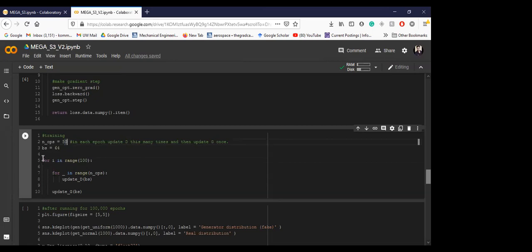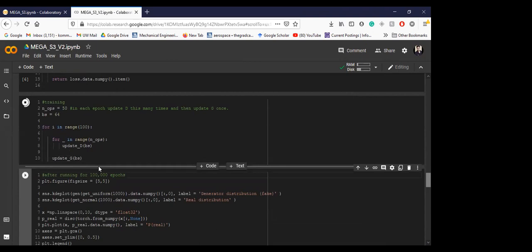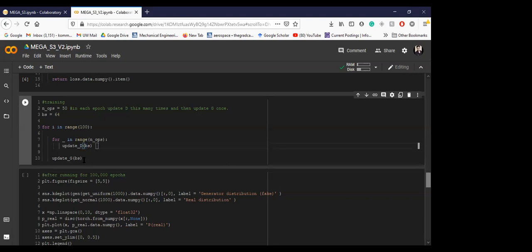So it's basically saying in each of the 100 epochs, update my discriminator 50 times and update my generator only once. This is what we've been talking about previously, where I said we need to give more weightage to updating the generator than the discriminator. I just said it in reverse. So we need more weightage for the discriminator and lesser weightage for the generator.